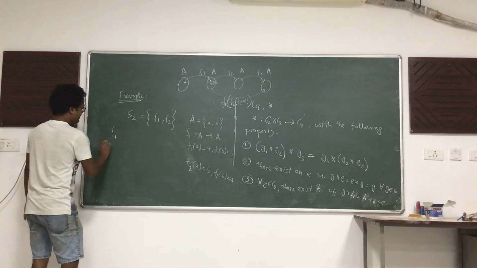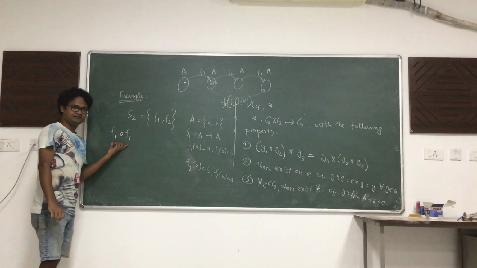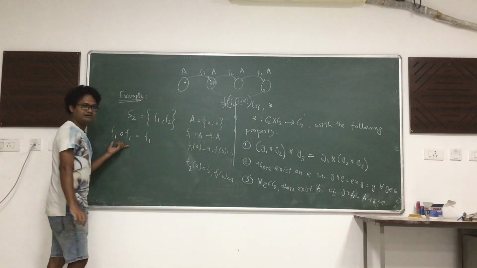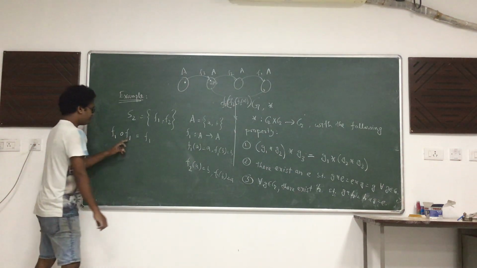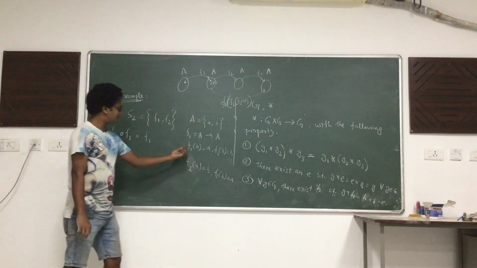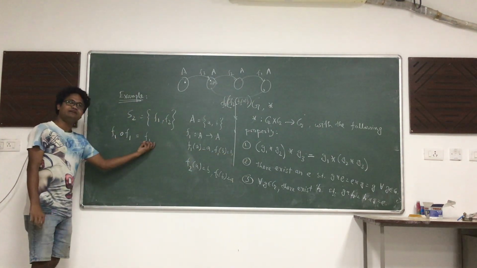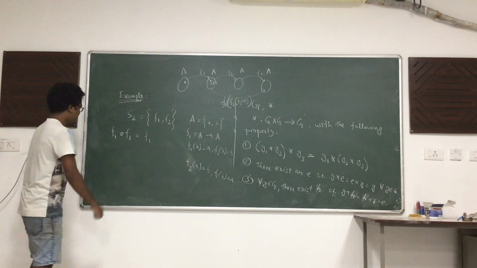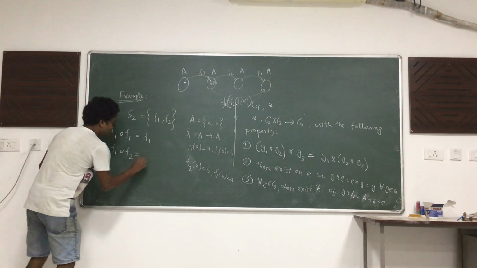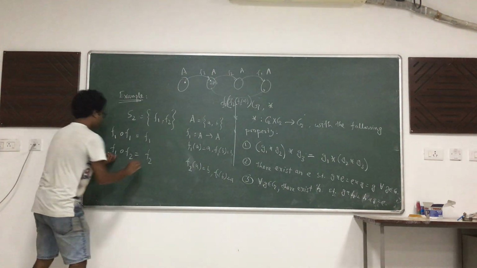F1 composed with F1 is very trivial, it is the same F1, because F1 sends A to A and B to B, and applying it again changes nothing. F1 composed with F2 is F2, because F1 does not do anything.